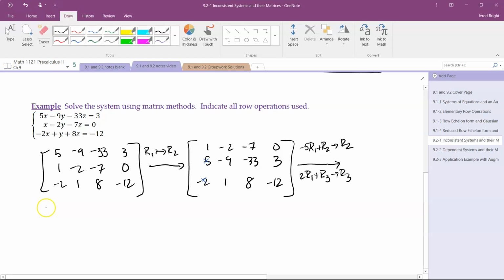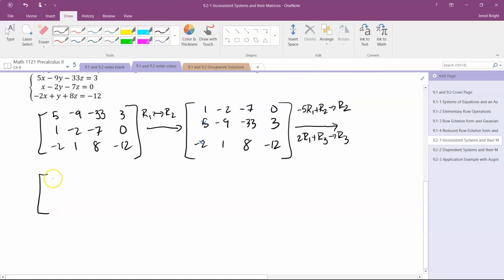Okay, continuing. We get this matrix, and there we go. We're looking pretty good for row echelon form.